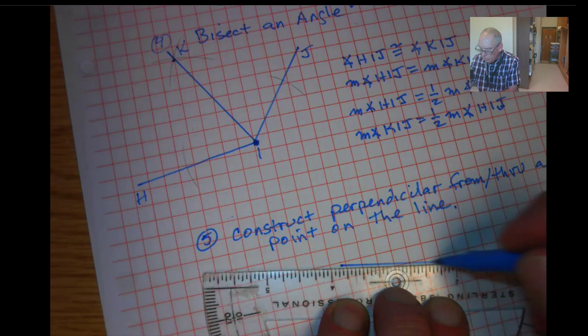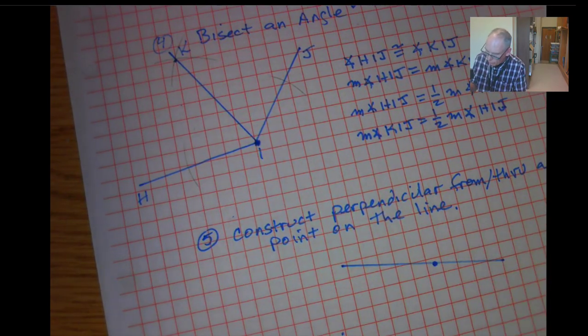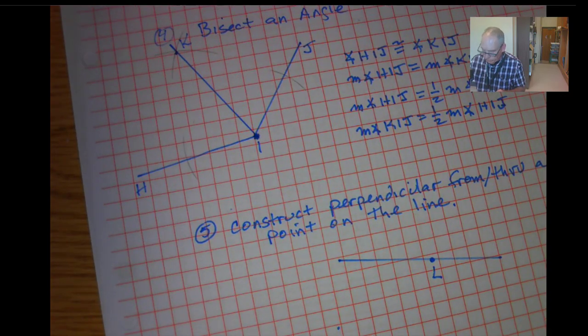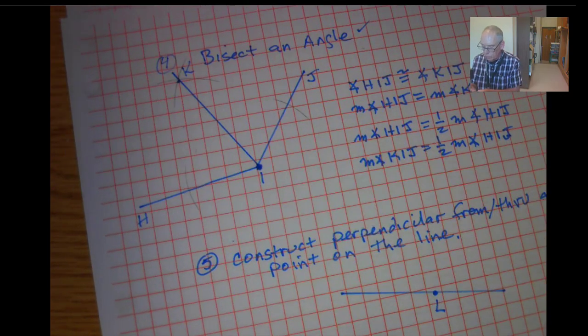So we're going to draw a segment. We're going to put a point on the segment. Now what we need to do is use our compass to find 2 points equidistant on either side of that point that I have labeled as L.